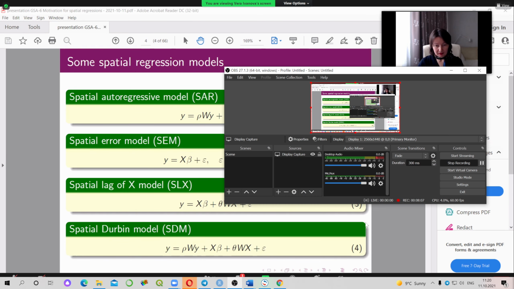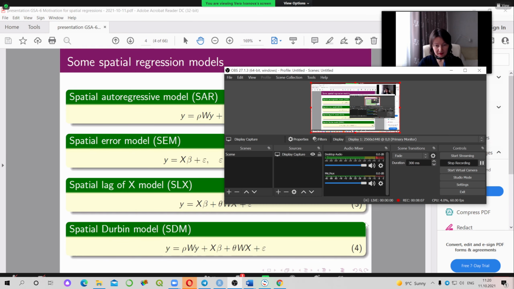We can interpret this model like this, that the dependent variable of my region depends on characteristics of my region and characteristics of neighboring regions. Also, we can include not only a spatial lag of X, but a spatial lag of Y, and we get a spatial Durbin model.